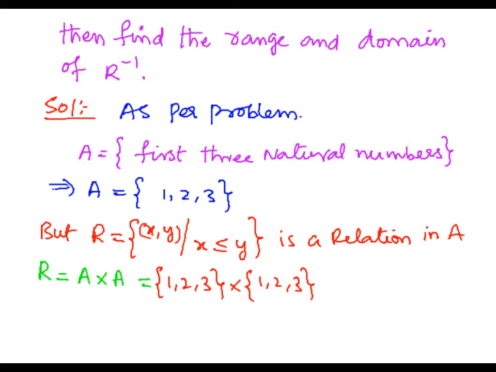To get the ordered pairs of this relation R, we find the Cartesian product of A and A. So 1, 1 will be the first ordered pair, and 1, 2 and 1, 3 will be the next two ordered pairs with 1.